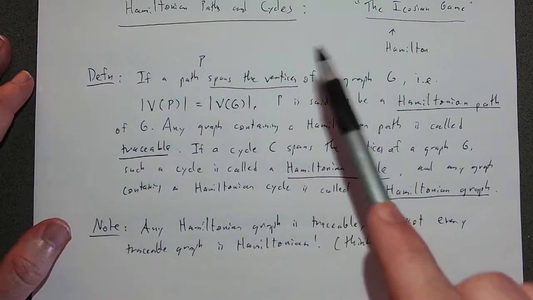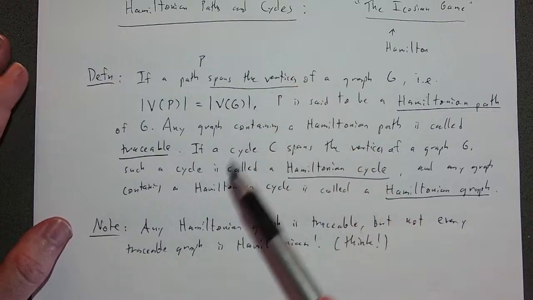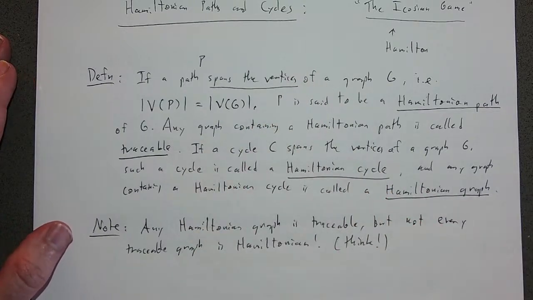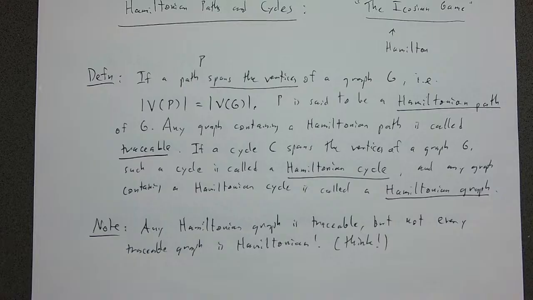How is this related to the notion of an Eulerian graph? These definitions are very similar. It's just that instead of talking about trails and circuits, we're talking about paths and cycles. But of course, that's a big deal, because one of these conditions, being Eulerian, is referring to the edges, right?